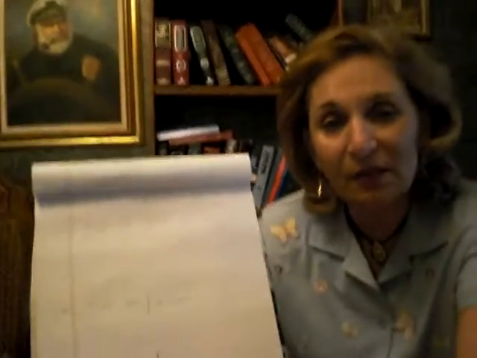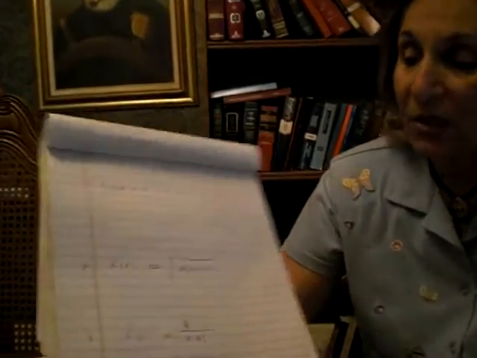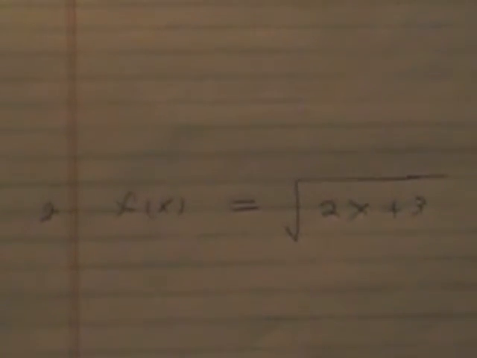You will subtract 3 from both sides, then 2x will be greater than or equal to negative 3. Divide both sides by 2, then x will be greater than or equal to negative 3 over 2, which means that the domain will be all x such that x is greater than or equal to negative 3 over 2.